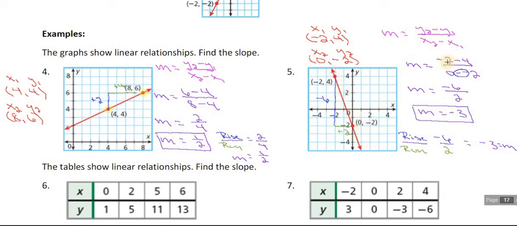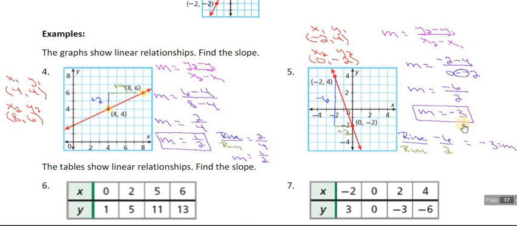And when I do my y2 minus y1 over x2 minus x1 using my formula, I end up with a negative 6 in my numerator, divided by 0 plus 2 technically, because it's double negative. So 0 minus negative 2 gives us 0 plus 2, which is 2. And negative 6 divided by 2 is negative 3.